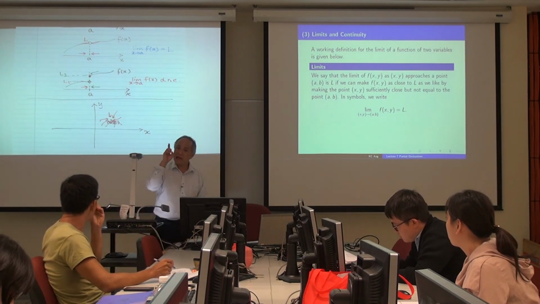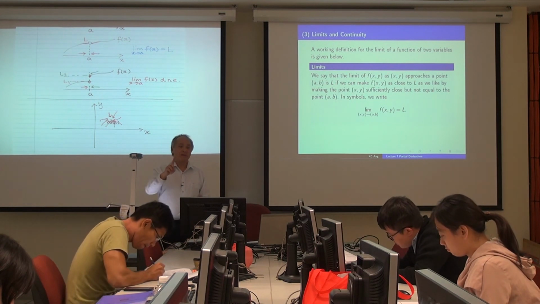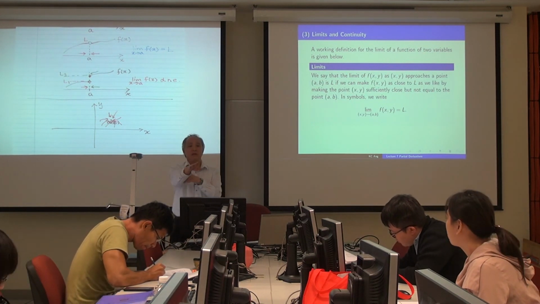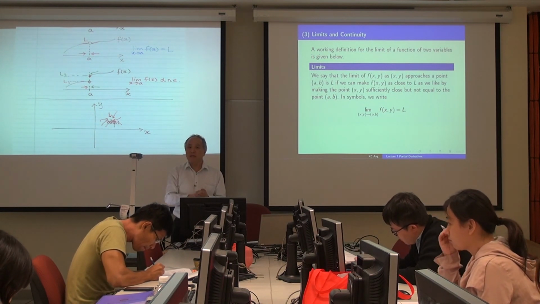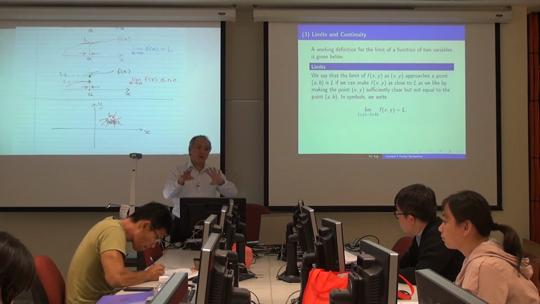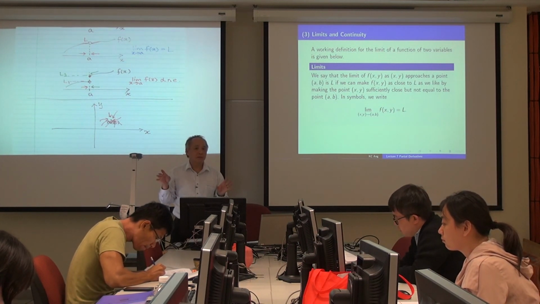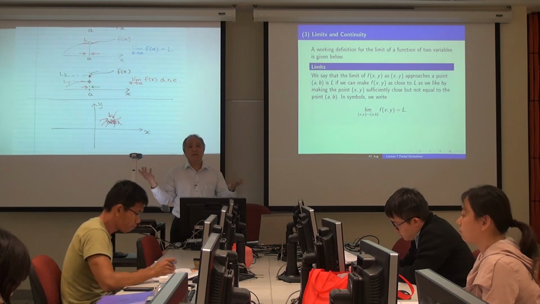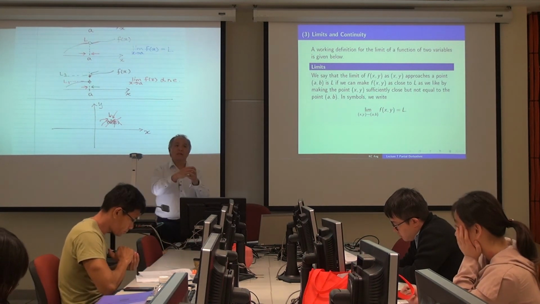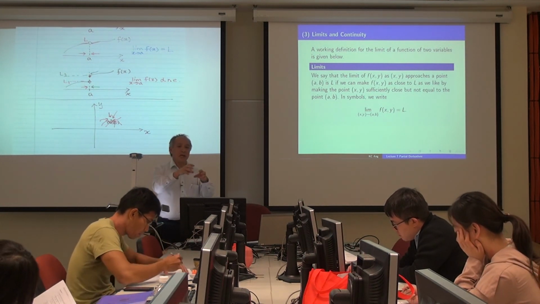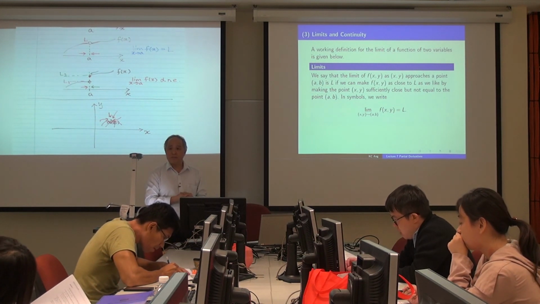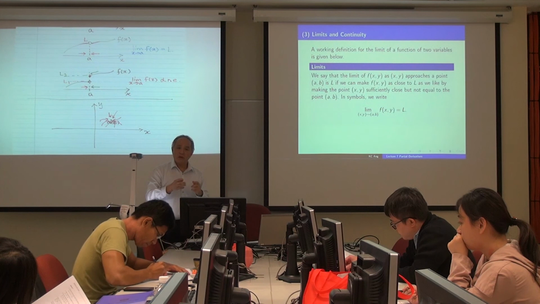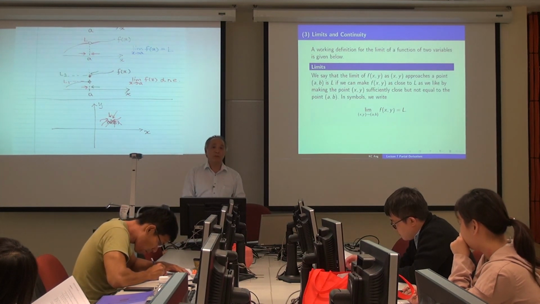So long as any one path gives you a different value as you go nearer and nearer to AB, different from any other path, then the limit does not exist. All paths towards AB must end up with the same function value, then the limit exists. We will look at an example after we come back from a break.